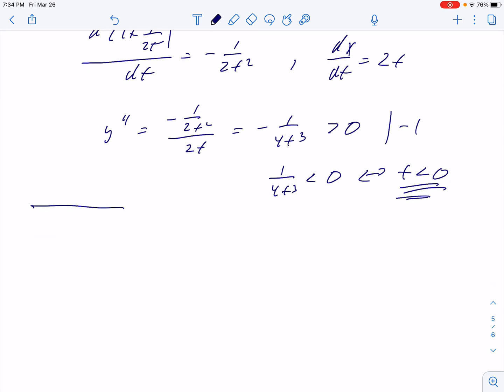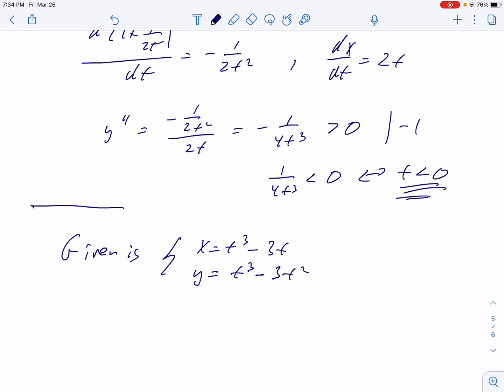Here is a problem, again, of a different nature. Given is the curve with equations x equals t cubed minus 3t, y equals t cubed minus 3t squared.